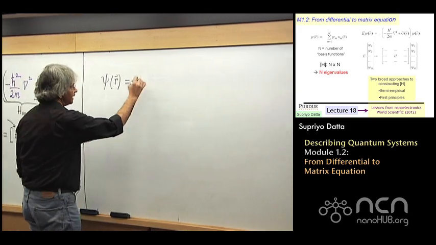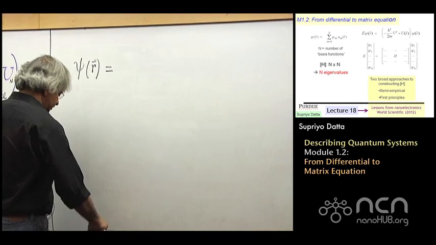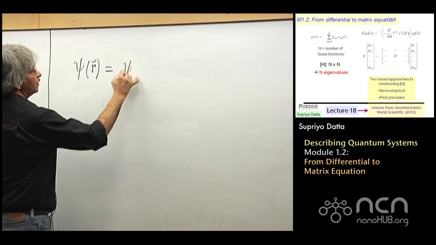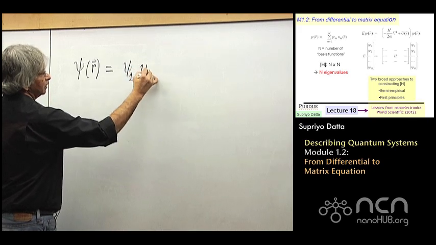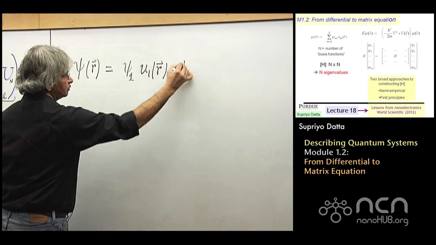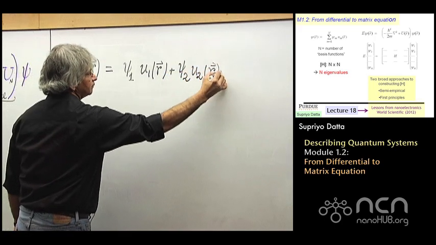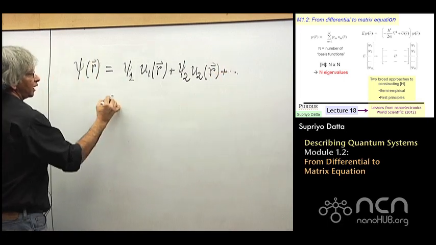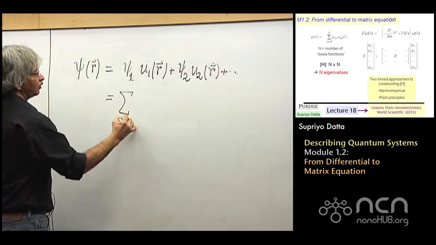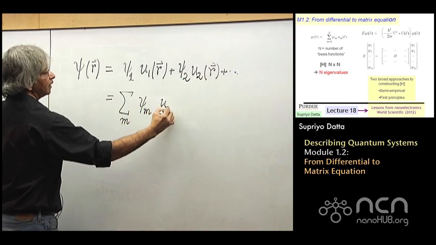These are what are often called the basis functions. So you write it as, like, say, psi1 times u1 r plus psi2 times u2 r plus etc. Or compactly I could write it as summation over m psi m u m r.